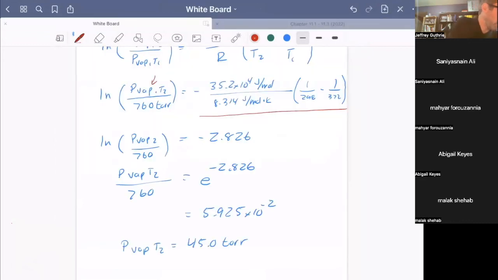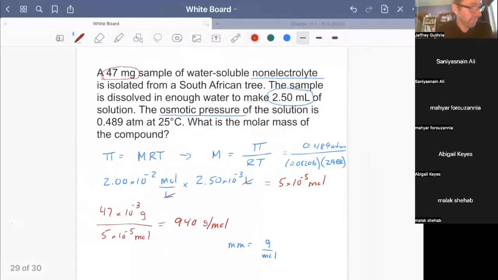Where did you get the 2.00 times 10 to the negative 2? That is after doing the calculation here. That's solving for molarity: 0.489 divided by 0.08206 times 298.